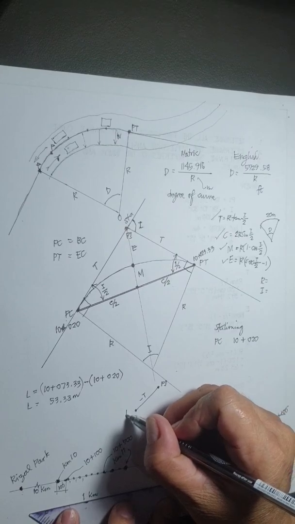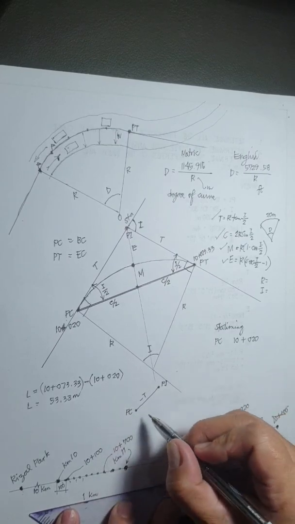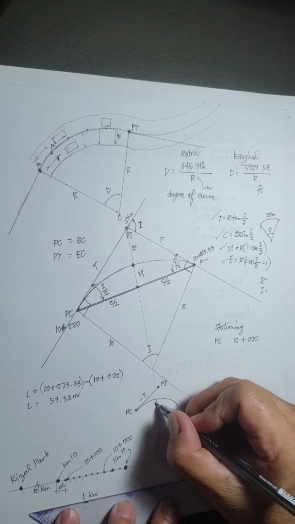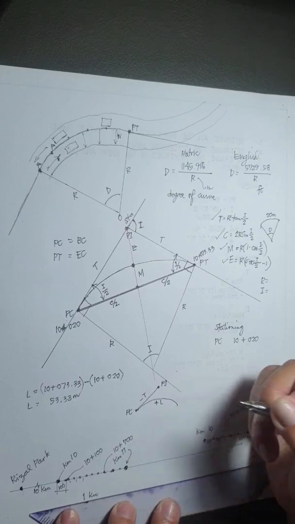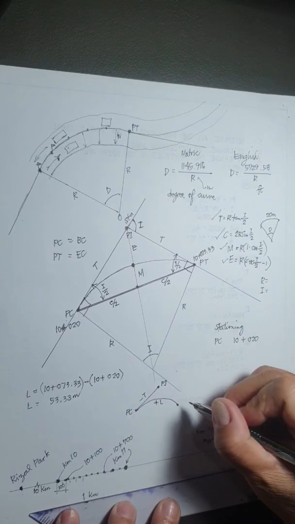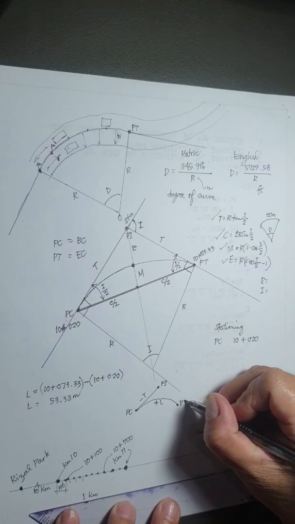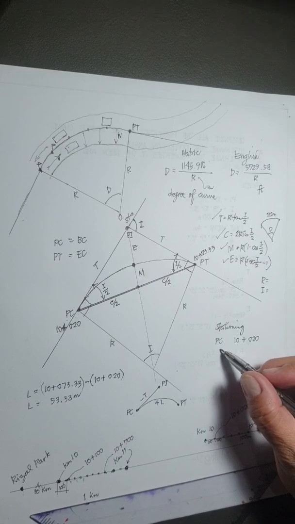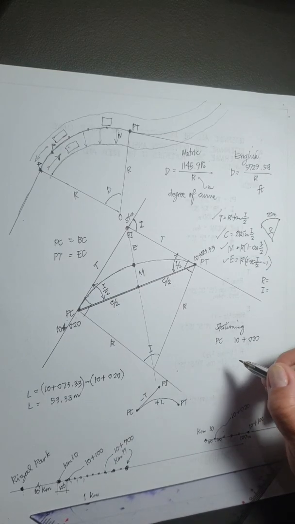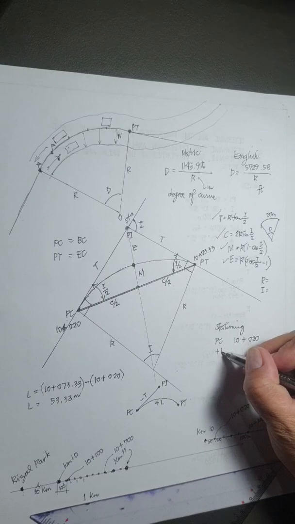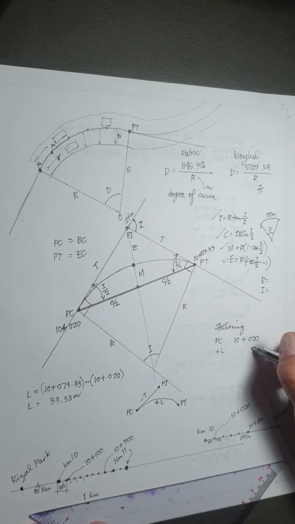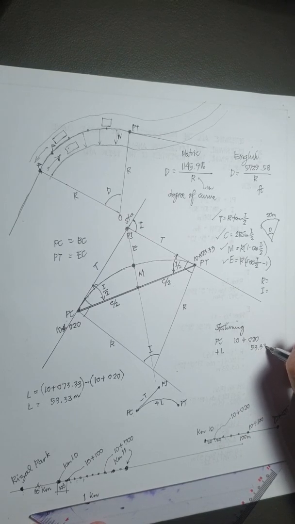You'll get station PC. And then, you add LC, the length of the curve. You end up with station PT. Okay? So, meaning, to get the station at PT, you have to add the length L. Diba? So, if you have L equal to 53.33, dyan mo ilalagay yun.